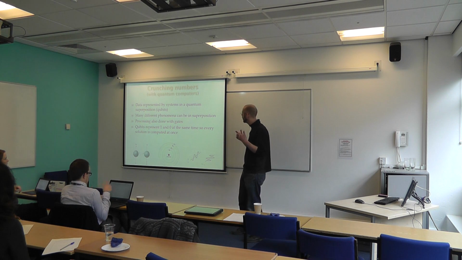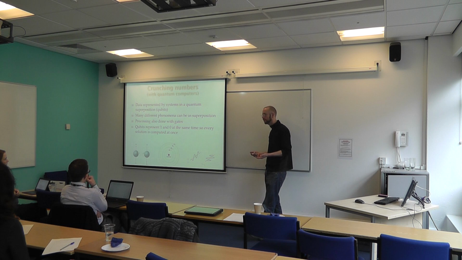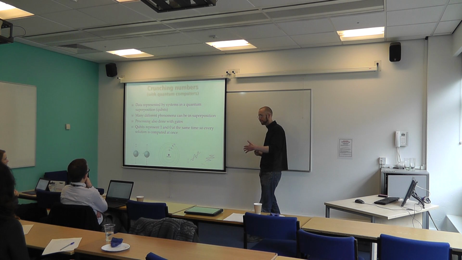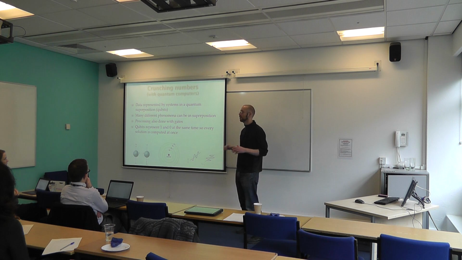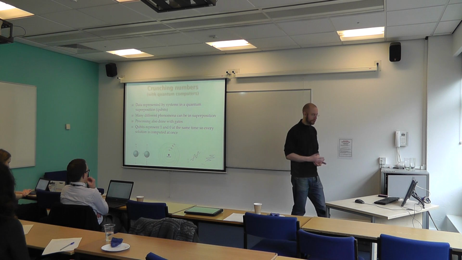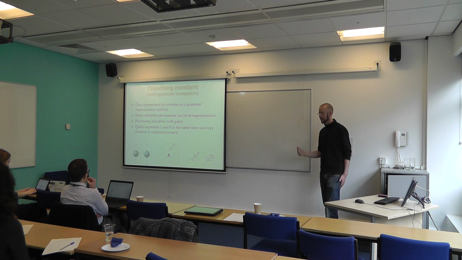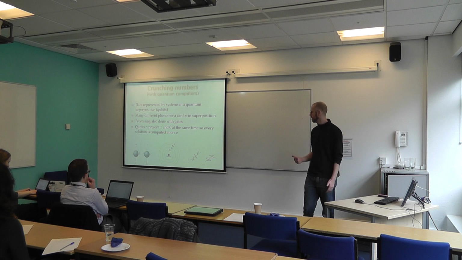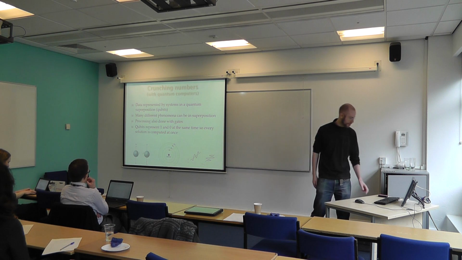And then once it's computed the problem, we measure it, and the wave function collapses and decides what state it's actually in. But it's done that computation all at once, whereas a classical computer will have to go through every possible solution. So the potential of this is massive. They can be much, much faster than classical computers for certain problems.